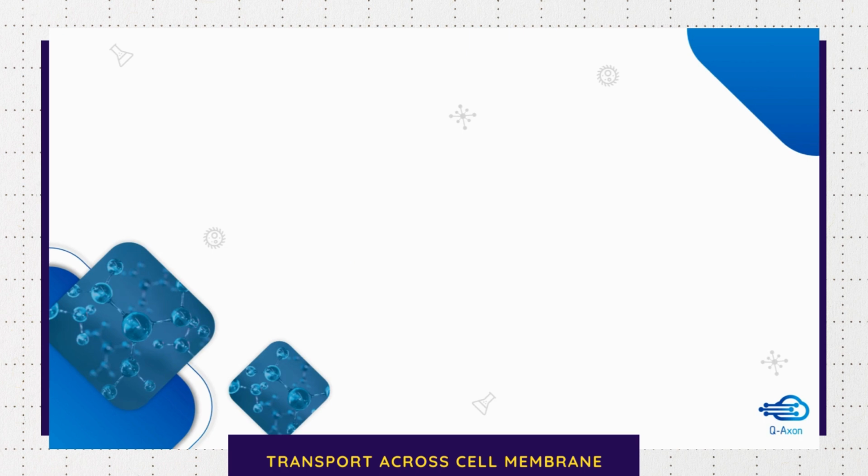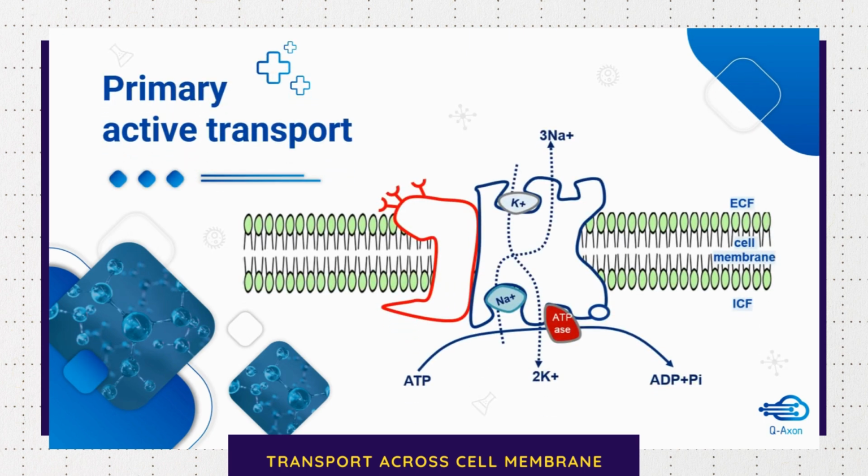So let's consider an example of primary active transport, that is sodium potassium ATPase. Now remember, the proteins which are used for primary active transport are known as pumps. This sodium potassium ATPase has binding sites for sodium as well as potassium. Now you know that sodium is less inside the cell, so this is the intracellular fluid, right? And potassium is less outside the cell, so this is the extracellular fluid.